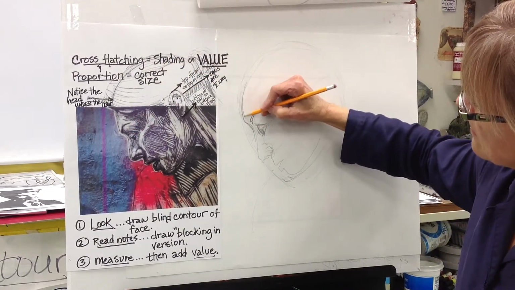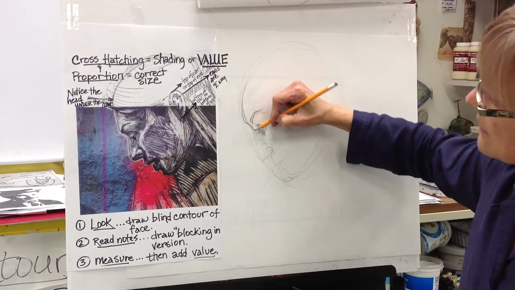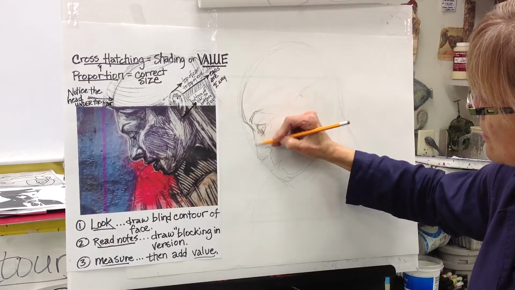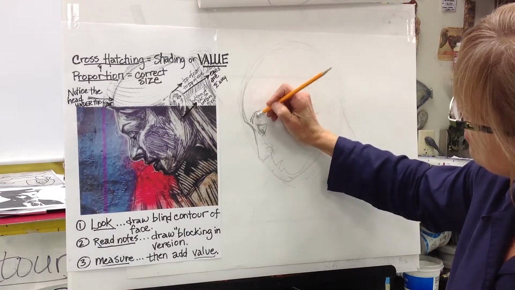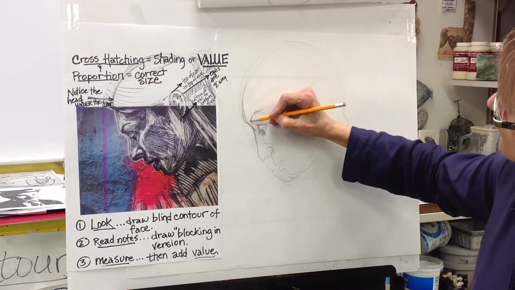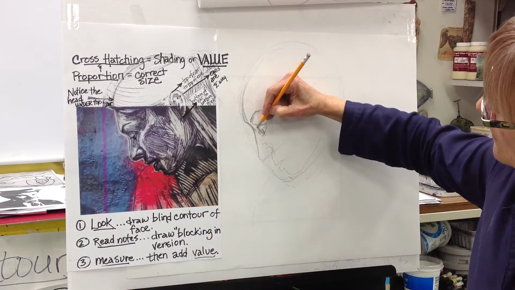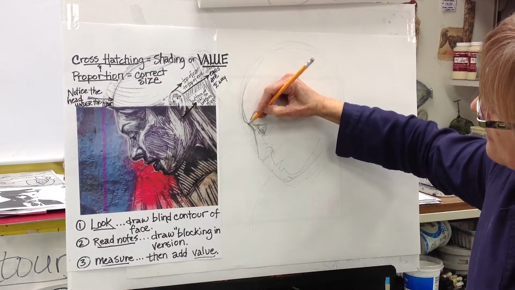So I need to bring this down. All of this is kind of reminding me that I should draw lightly when I start, because most of us need to change things around as we go. Got a shadow in here that I can look at to help me with that distance.